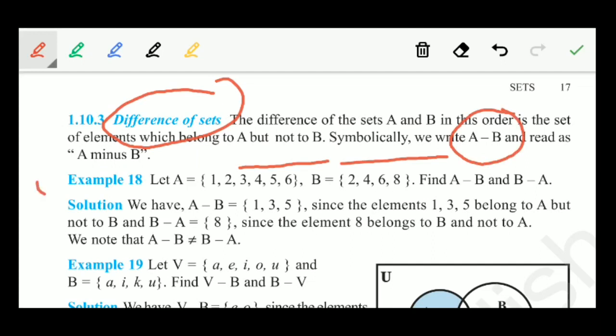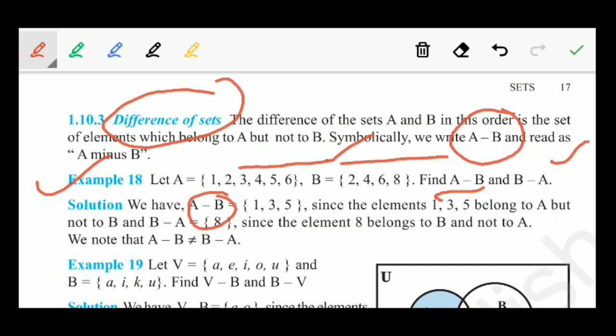See example number 18. Here set A has 1, 2, 3, 4, 5 and 6 and set B has 2, 4, 6, 8. Then we will find the difference from A to B and the difference from B to A. See the answer of A minus B. Its answer is 1, 3 and 5.